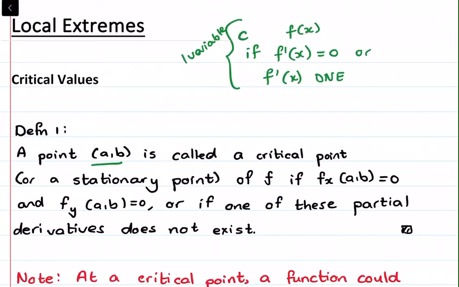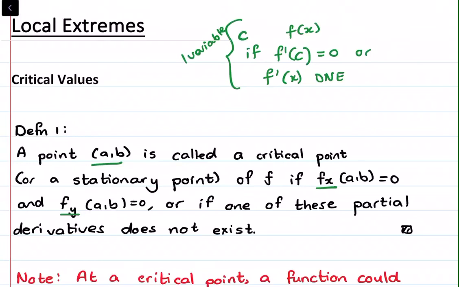We call it a critical point or a stationary point of f if, remember that this is a function of several variables, so it does not have one derivative but two: the partial derivative with respect to x and the partial derivative with respect to y, are both 0 at that point, or if one of these partial derivatives does not exist. The idea is still the same.